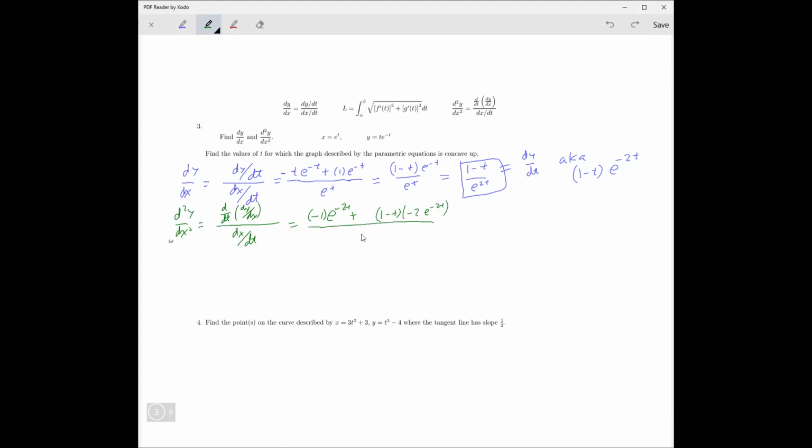And then, of course, this one is just e to the t again. When the dust settles, you're going to end up with 2t minus 3 over e to the 3t.